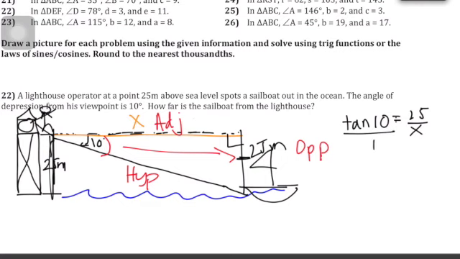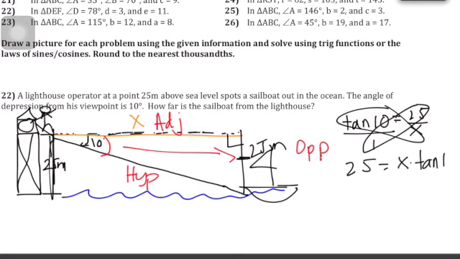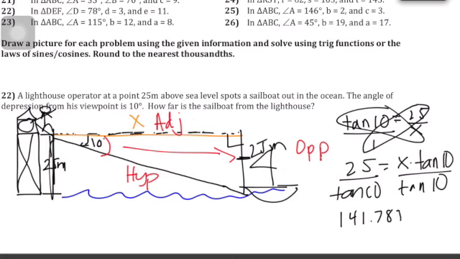And just like we typically do, cross multiply and solve for x. So 25 equals x times tangent of 10. Divide by the tangent of 10 on each side, and just plug that into your calculator. And I got 141.782.